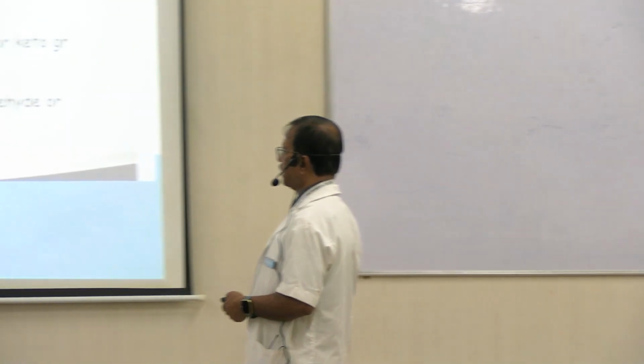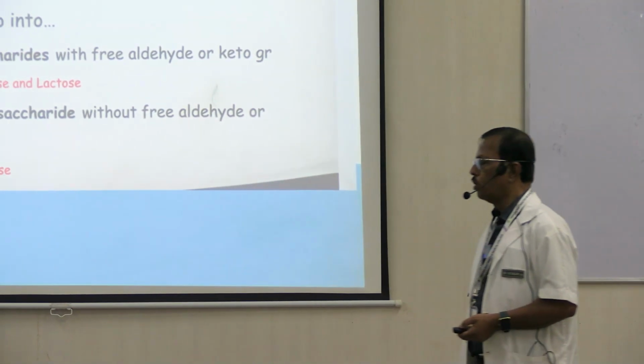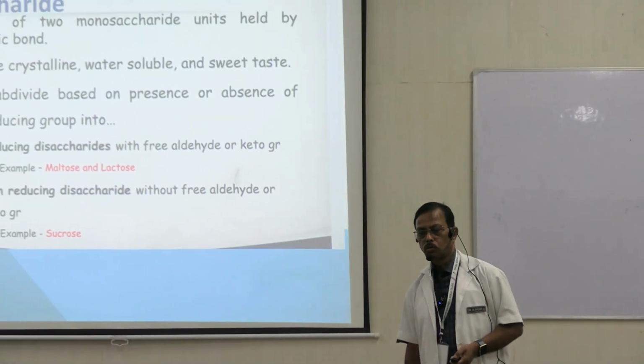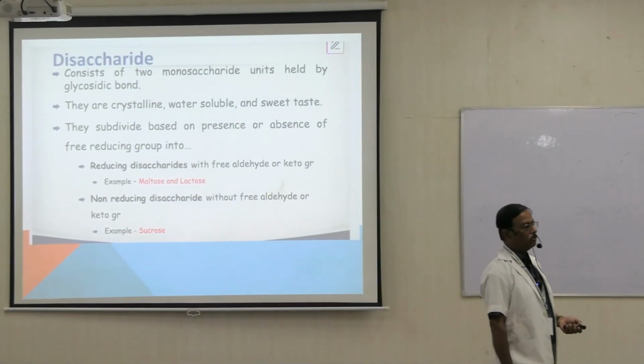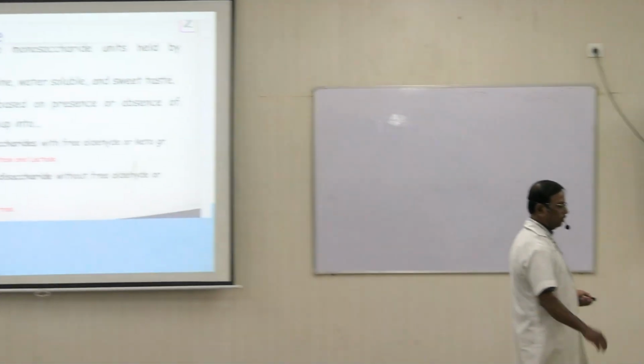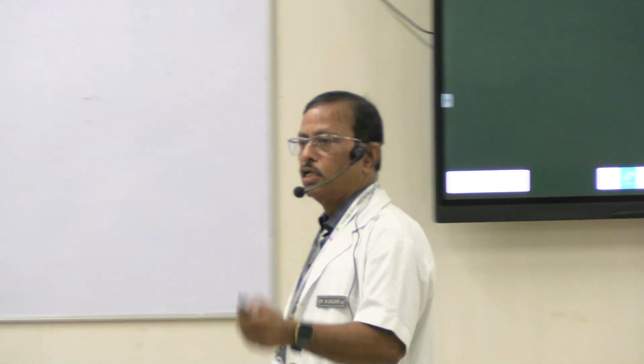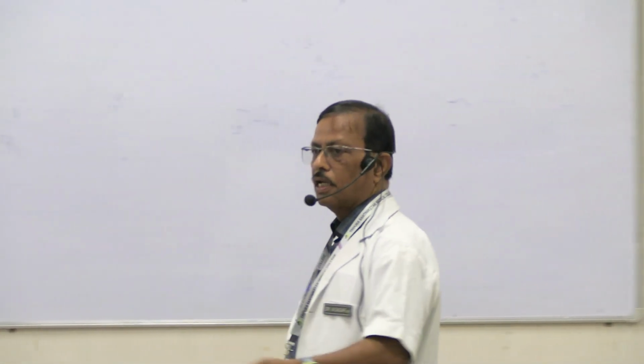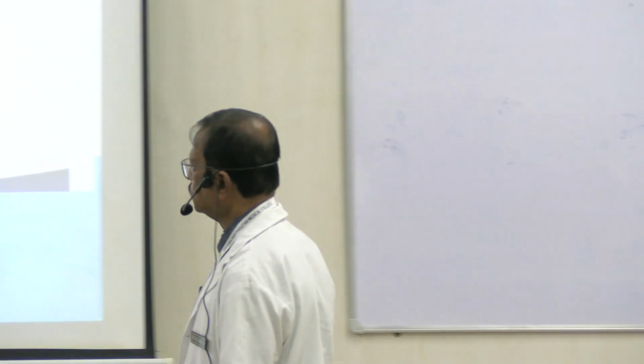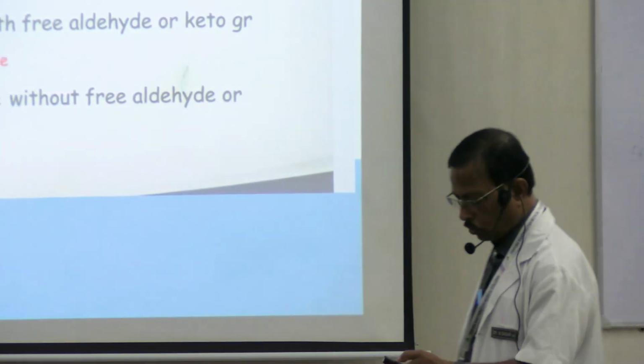Reducing disaccharides are maltose and lactose, and non-reducing is sucrose. Sucrose means table sugar, the cane sugar we take every day. This is sucrose. This is non-reducing. Remember, sucrose is non-reducing. In Viva, in practical, everywhere you will be asked. Okay? And reducing are maltose and lactose.